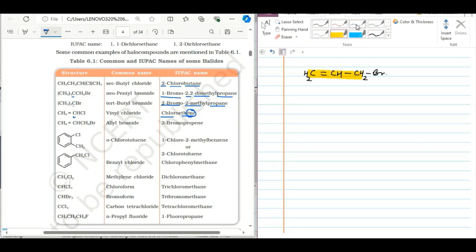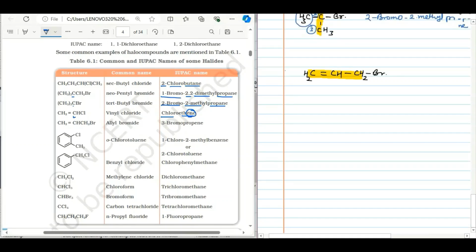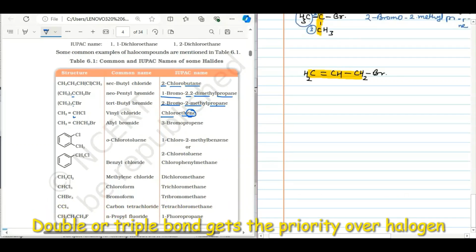Now we have to number this chain. When you number this chain, you have to number it in a direction in which the double bond gets the lowest possible number. Because double bond or triple bond gets the priority over halogen.